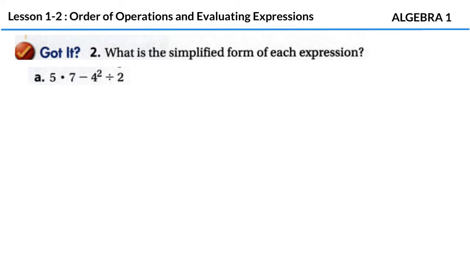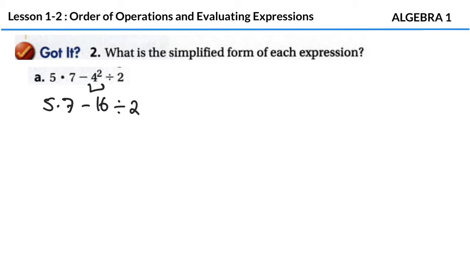Try this. Which operation will you perform first? You will perform the power operation. Good, according to the order of operations. So we perform the power operation, 4 squared, and that's going to be 16. And the rest of the problem is going to remain the same, minus 5 times 7.